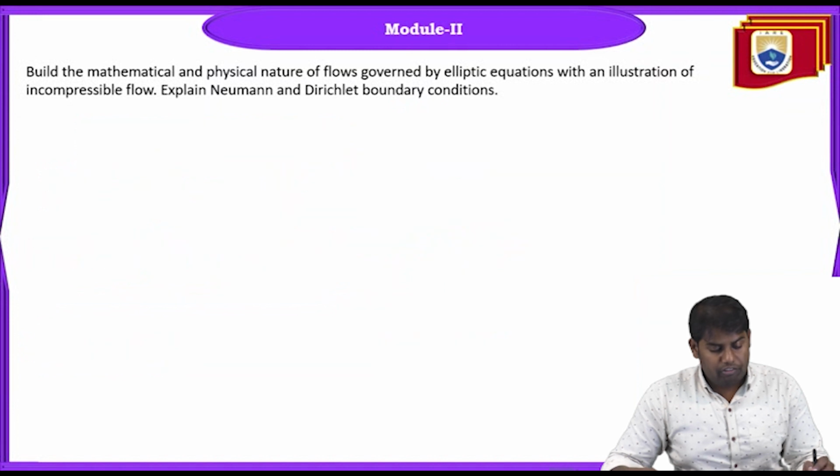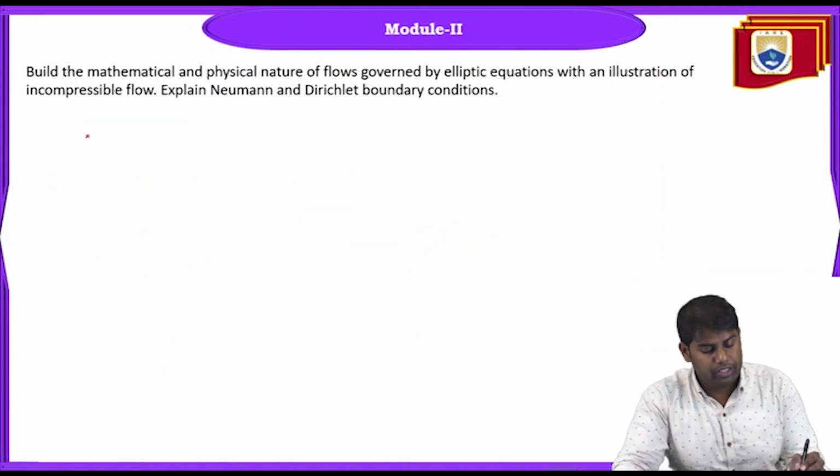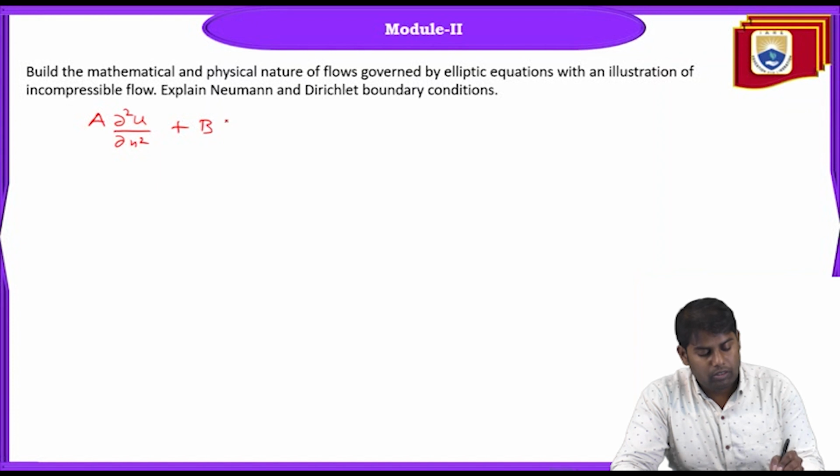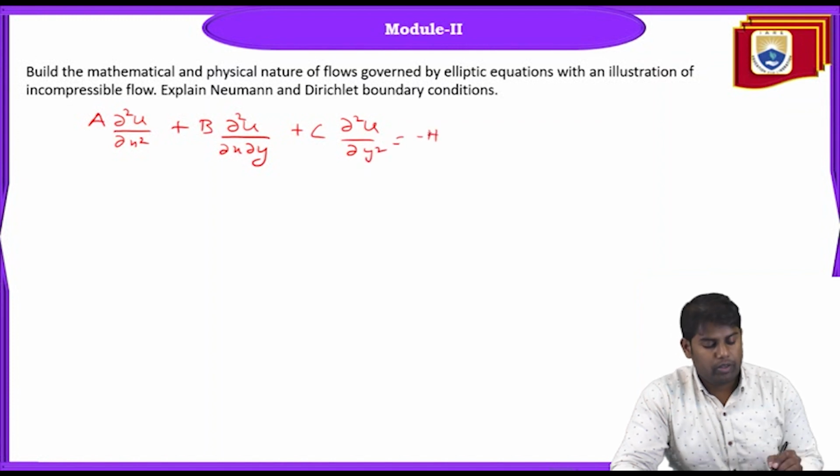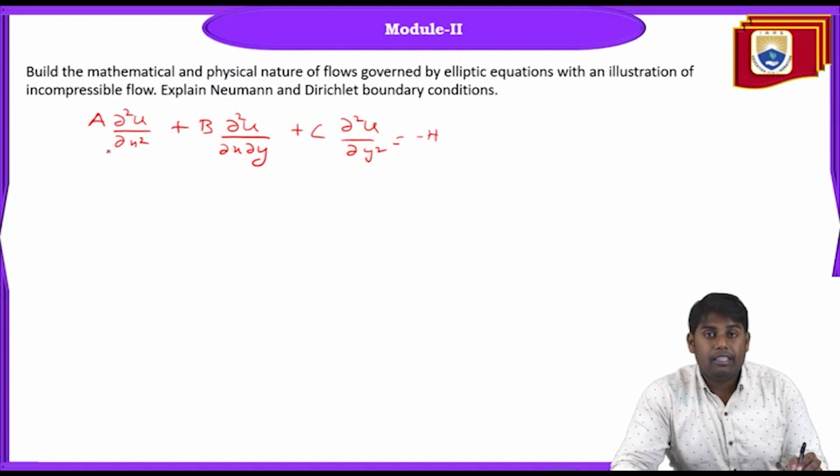We have seen in the previous sessions this form: a of dou square u by dou x square plus b of dou square u by dou x dou y plus c into dou square u by dou y square is equal to, let's take some capital H. Here this is a general second order PDE.